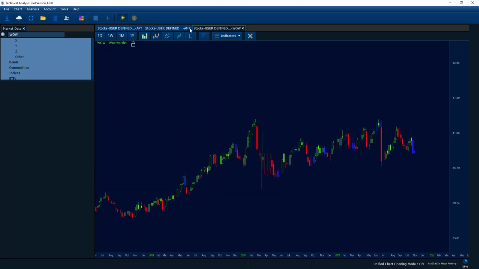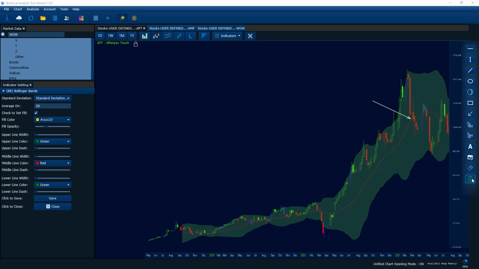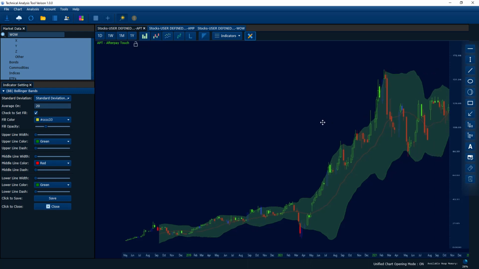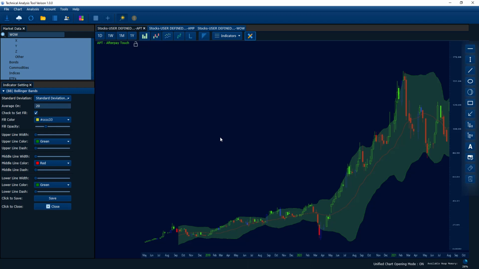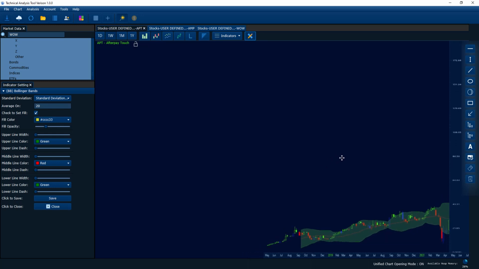Another very important concept is one that the author, Mr. Bollinger, introduced. He emphasized a concept called the squeeze of the Bollinger Bands. So what does that mean? Instead of monitoring a trend, this concept is different.